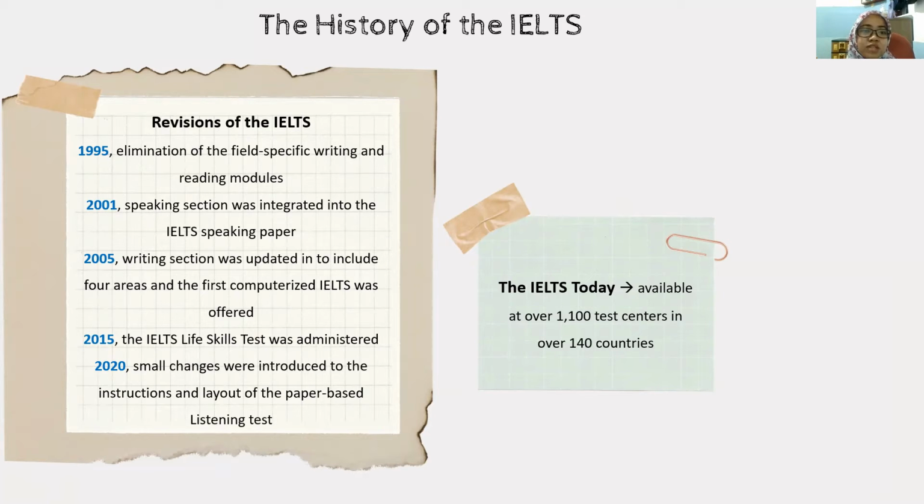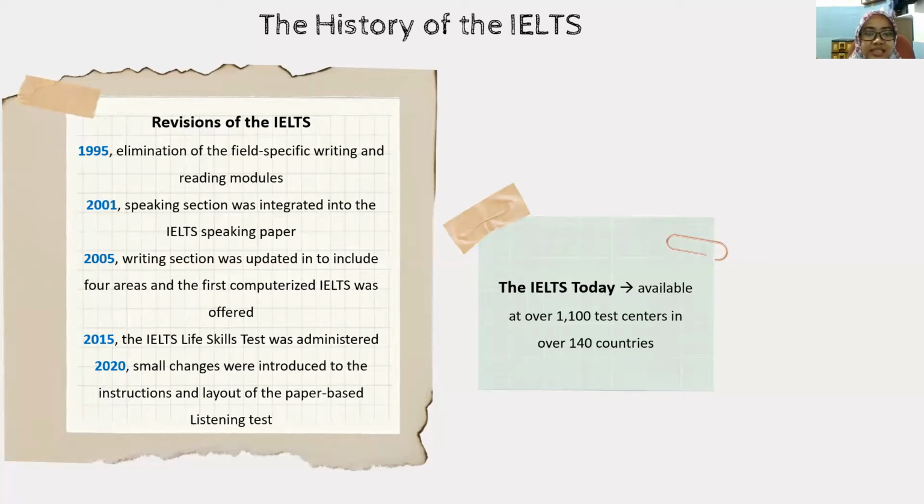Then in 2001, the speaking section was integrated into the IELTS speaking paper, and the assessment of the writing section was updated in 2005 to include 4 areas of evaluation. In 2005, the first computerized IELTS was offered, and the IELTS Life Skills Test was administered in 2015, which focused on assessing English speaking and listening skills.